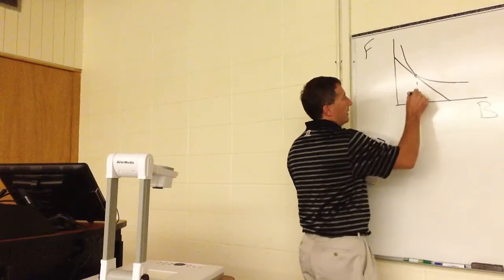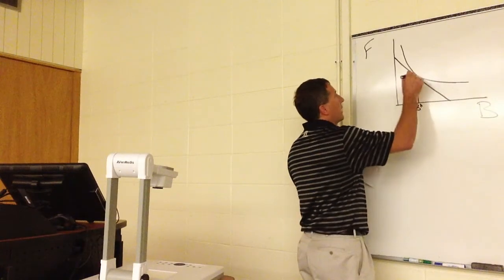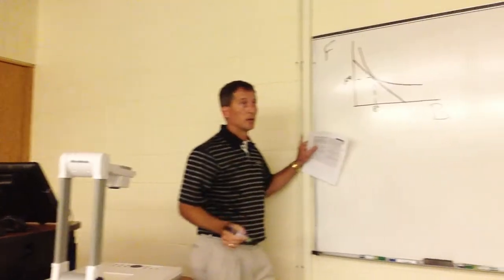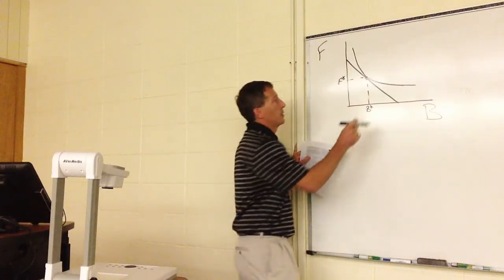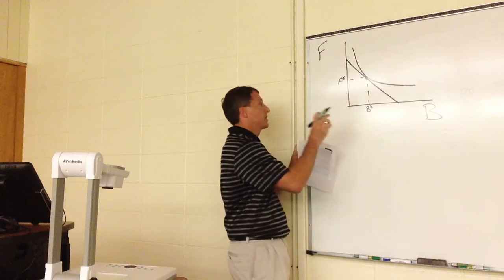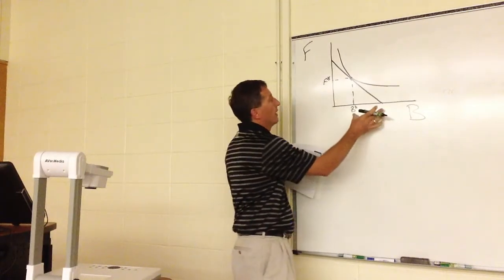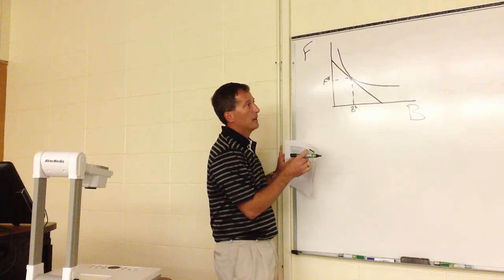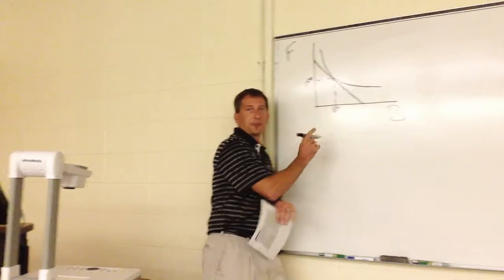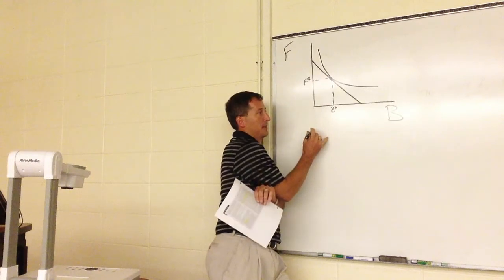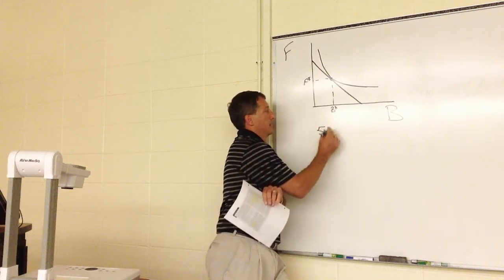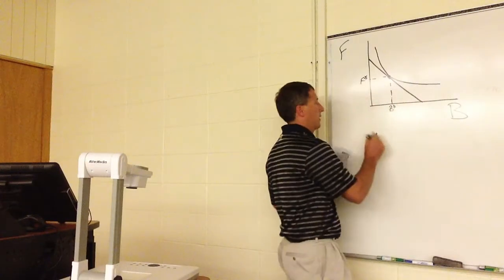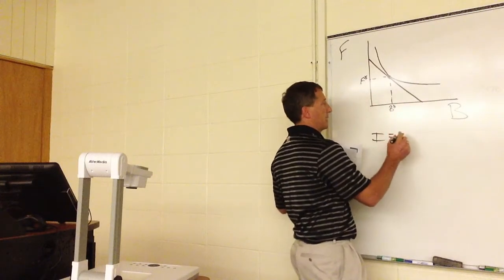We know that B star lives here and F star lives here. So that's what we're solving for. One way to go about it is to substitute that into the budget constraint. So what's our budget constraint? I like to think of the income first, so let me write it out generically here.